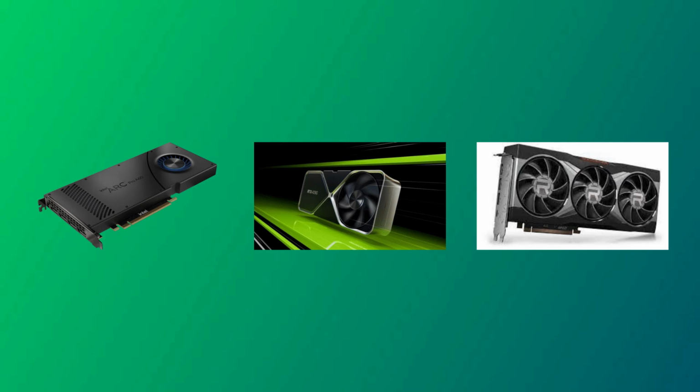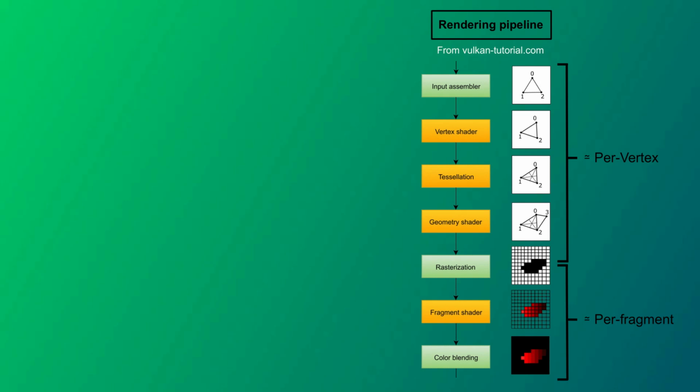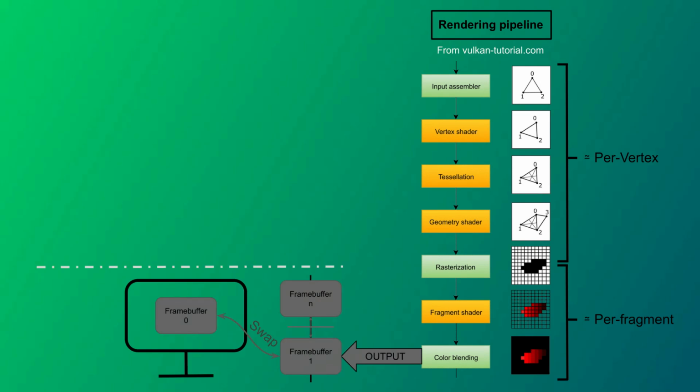In OpenGL, a program that runs instructions in parallel on the GPU is called a shader, and this particular sequence of shaders is the graphics pipeline. Its goal is to render pixels to a frame buffer which stores pixel color data that will be displayed on the screen.